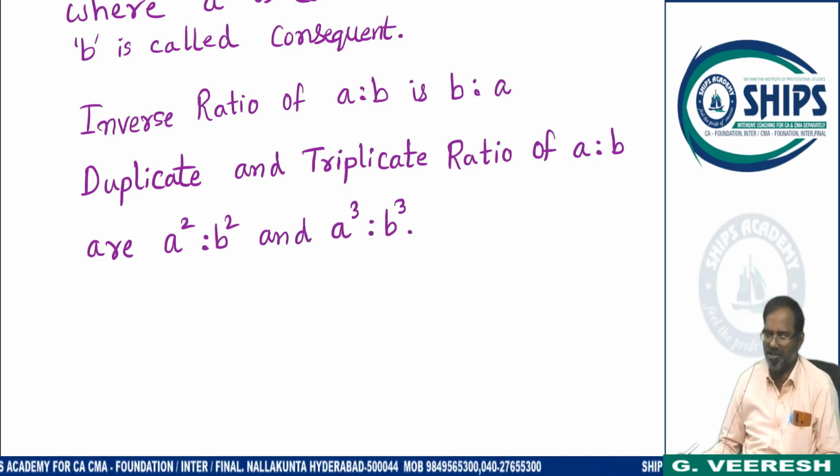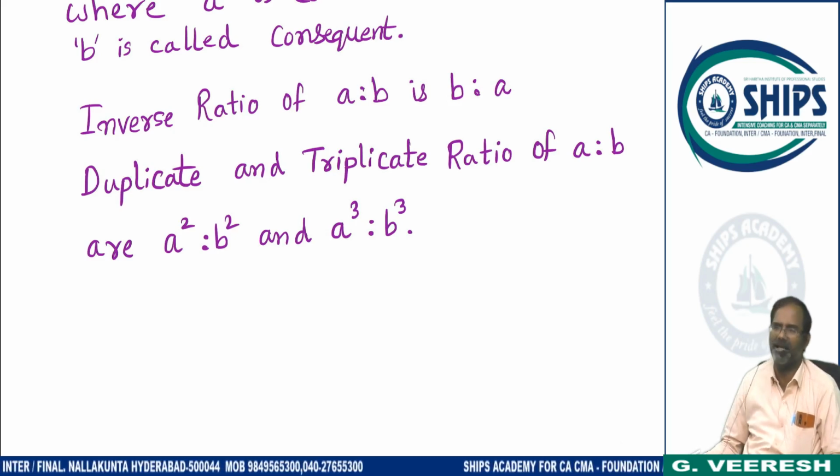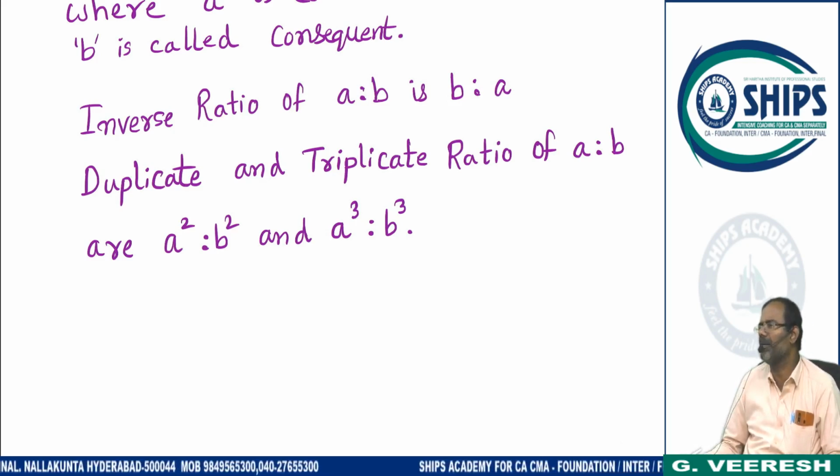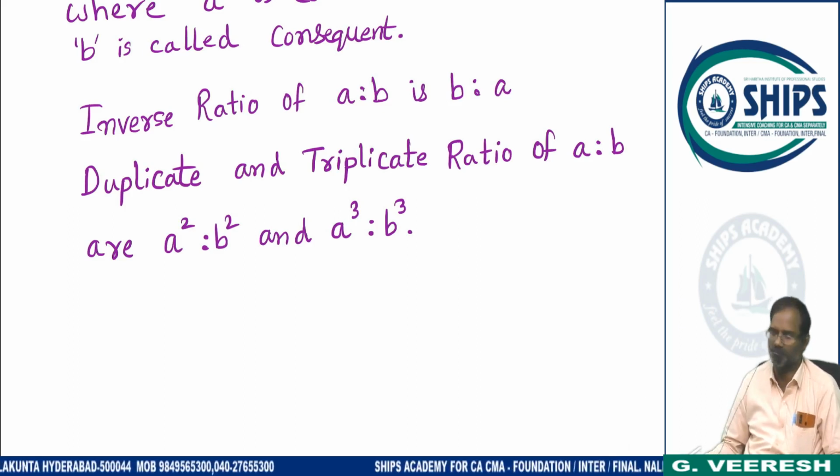Squaring is called duplicate ratio. If you are cubing, it is called triplicate ratio.